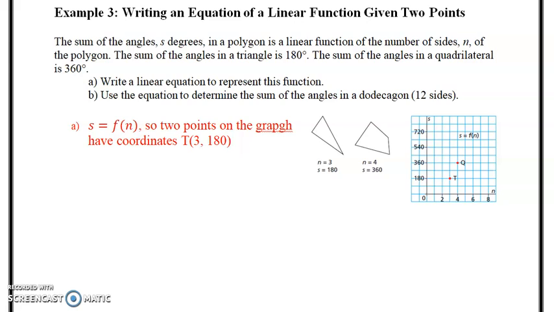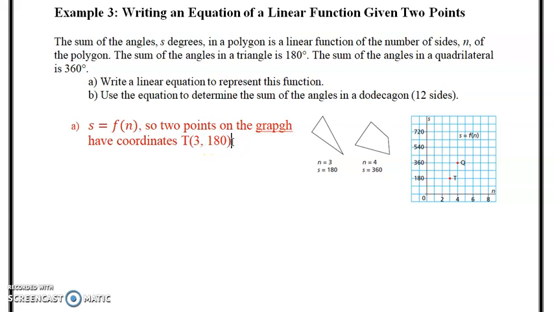So n is the number of sides, and s gives us the sum of the angles as a function of its sides. That means a triangle has 3 sides and they add up to 180.